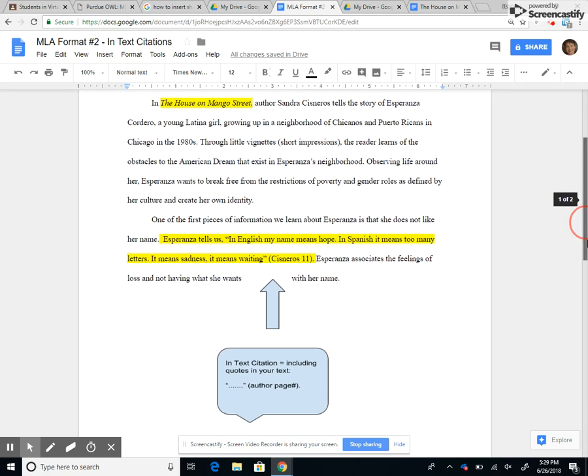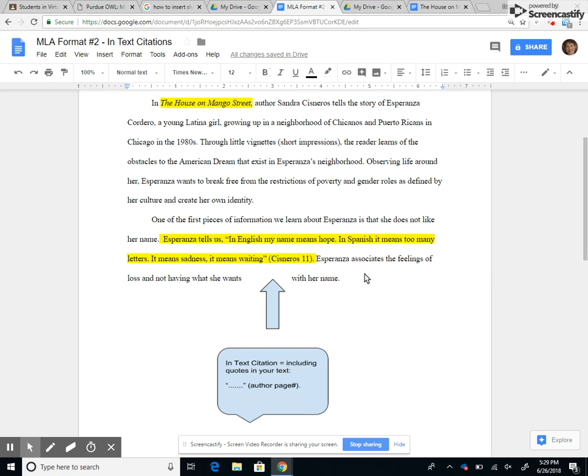Citation means quote. So citation or cite, C-I-T-E, simply is another word for quote. So when you are writing an essay about a book, about a story, about a novel, usually you are asked to provide specific examples and use quotes from the book. So here in my first body paragraph, I'm using my first quote.